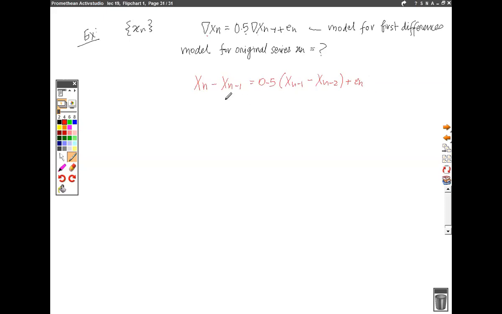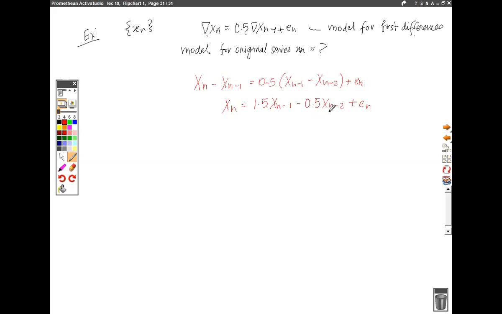And now I can just rearrange this to get xn equal to 1.5 xn minus 1 minus 0.5 xn minus 2 plus en, right? So remember, the model for my first differences was an AR1 model, but now if you look at xn, it depends not only on xn minus 1, but also on xn minus 2. So this is an AR2 model, not an AR1 model.